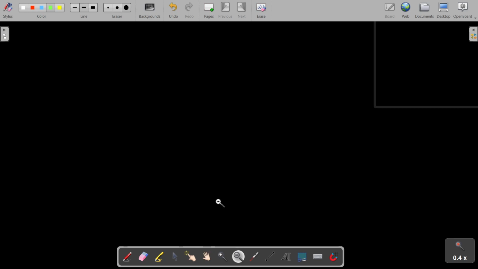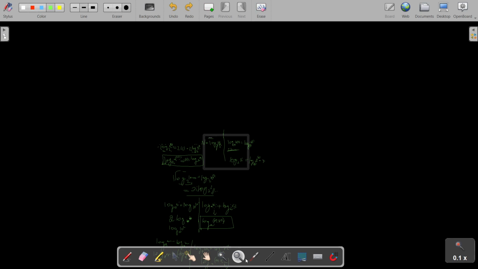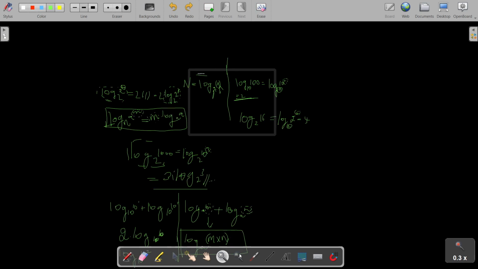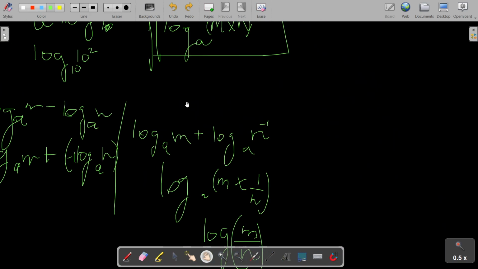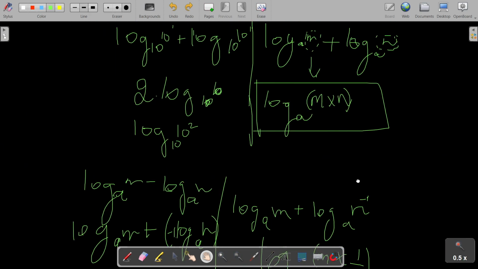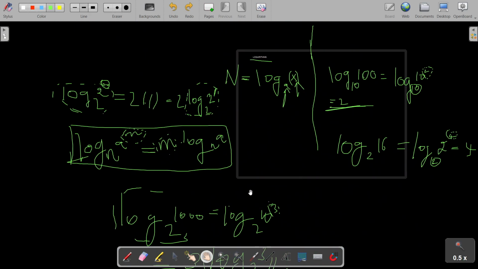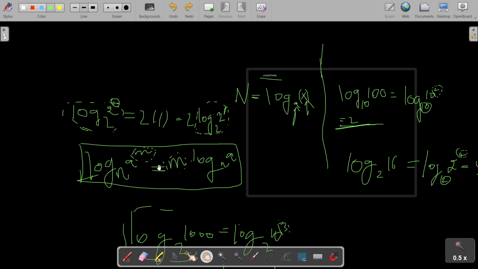Sorry, here this new page is added. Sorry. This is a property, and this is also a property, and this is also a property of logarithms. Okay.